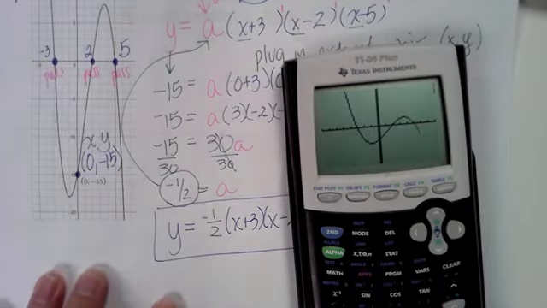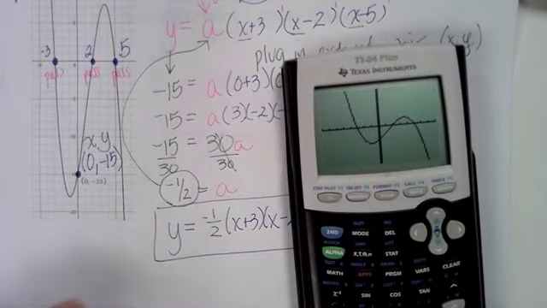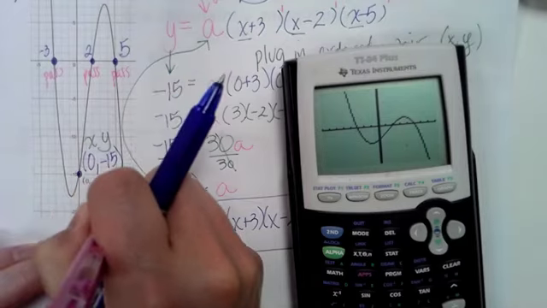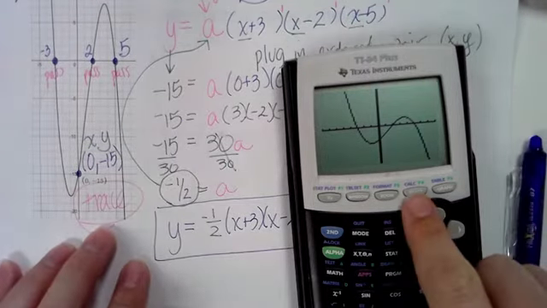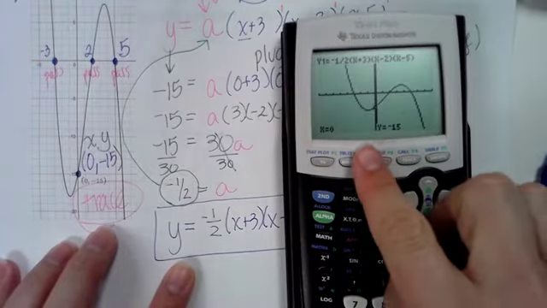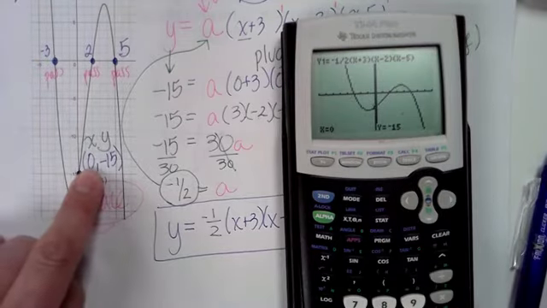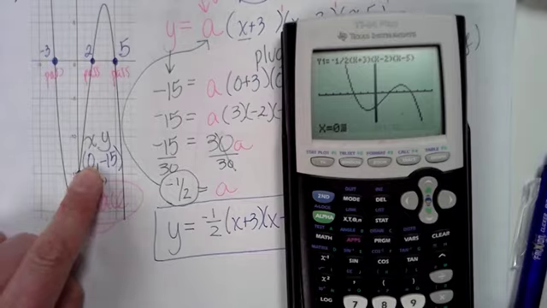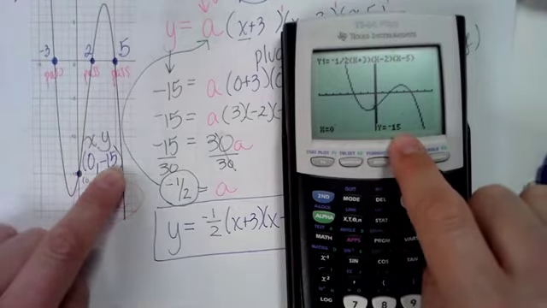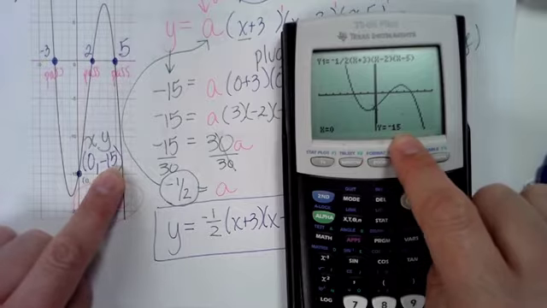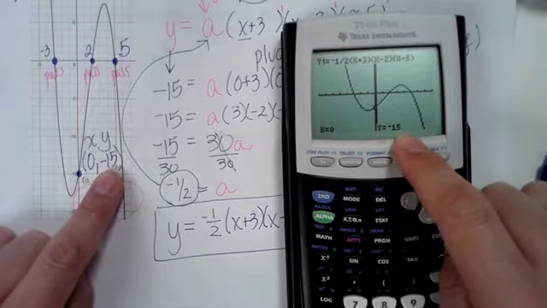I get this great polynomial. And I can also use trace on my calculator. Trace right there. And I can type in my x coordinate. My x coordinate is 0. And hit enter, you can see I get the y of negative 15. That's exactly right. Okay? Very cool.